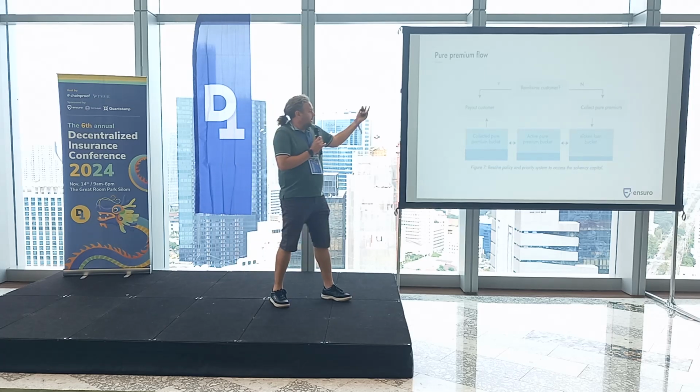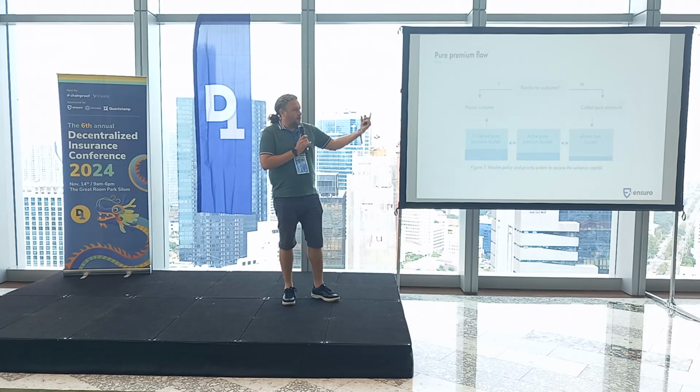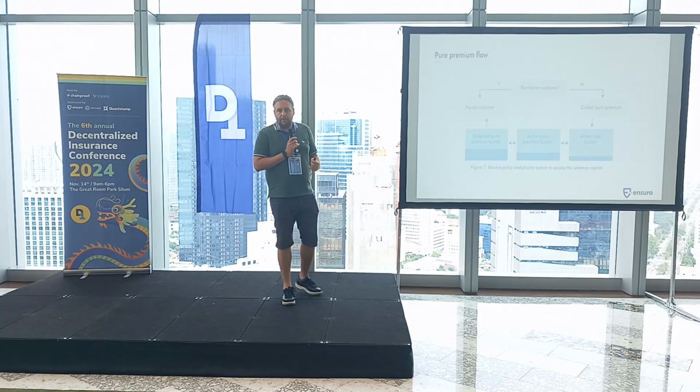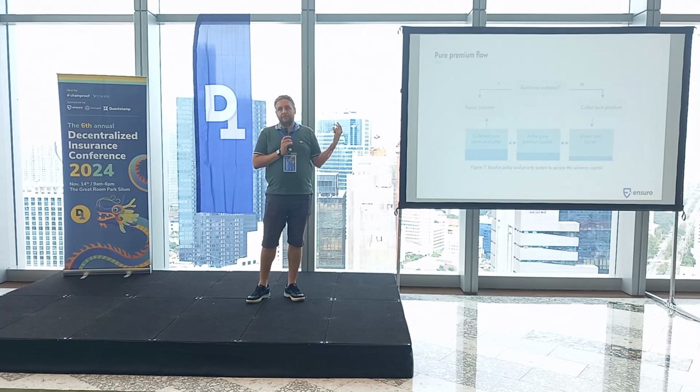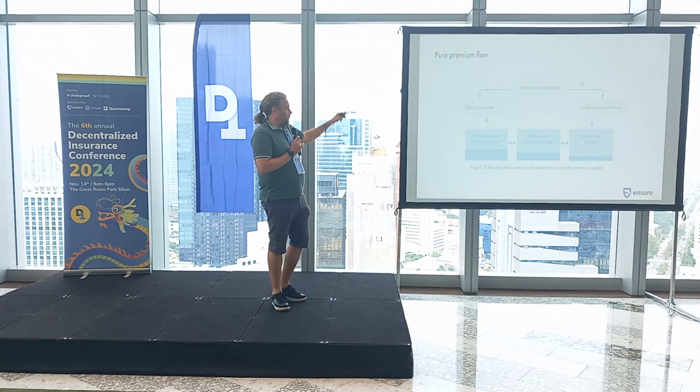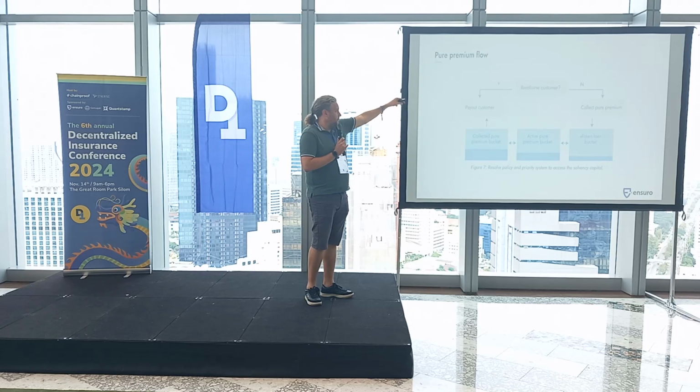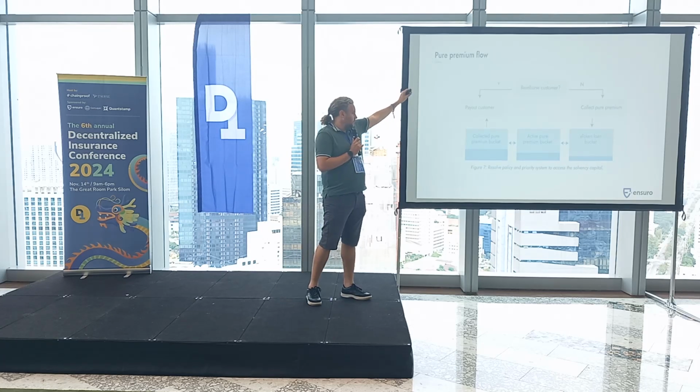Well, this is another part of how the pure premiums work, because the pure premium is the first source of the capital that you will use to later pay the losses, right? So we have a flow when we receive pure premiums.